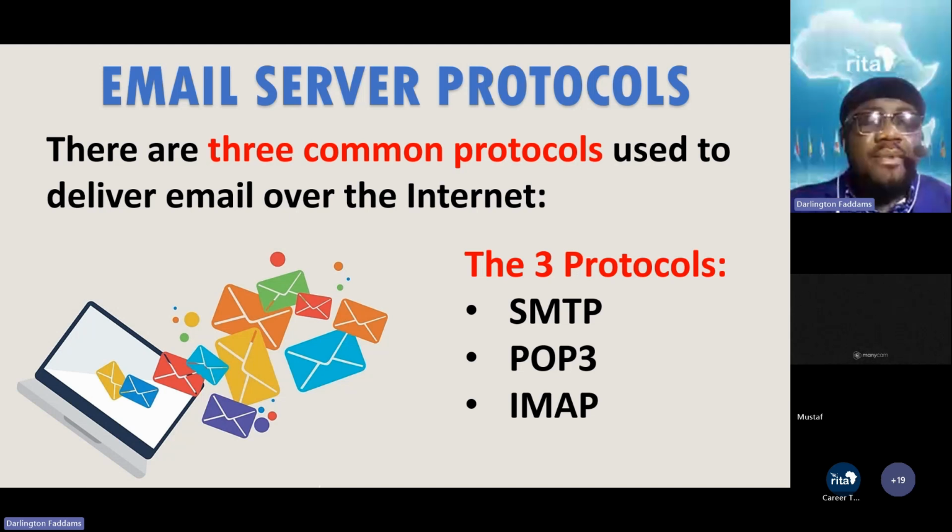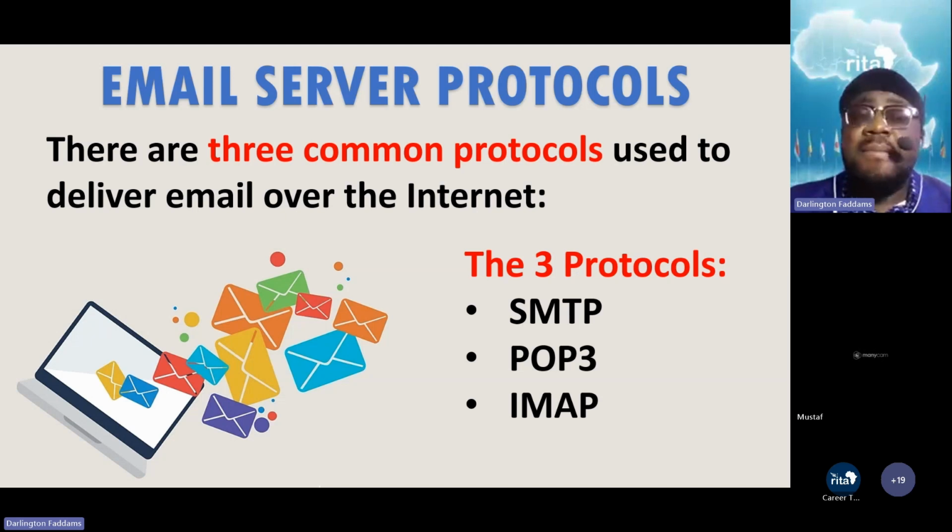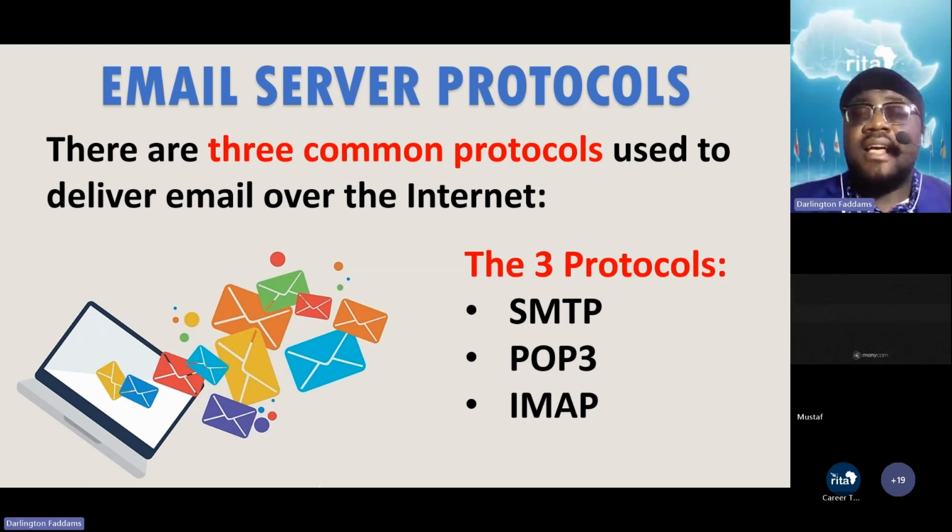This time, when emails are being transported or being transferred, we are still having server-to-server communication, and there are different protocols that handle emails. Maybe this is the first time you are encountering these protocols, but these protocols are used for email communications.